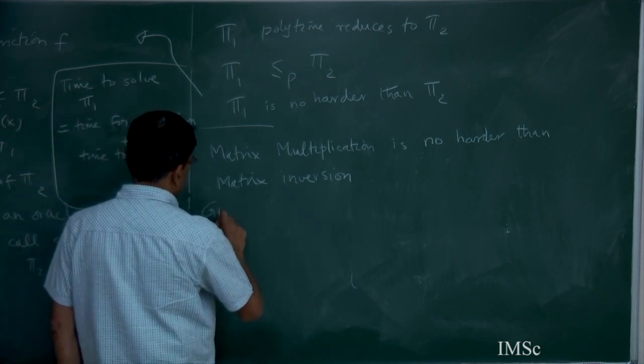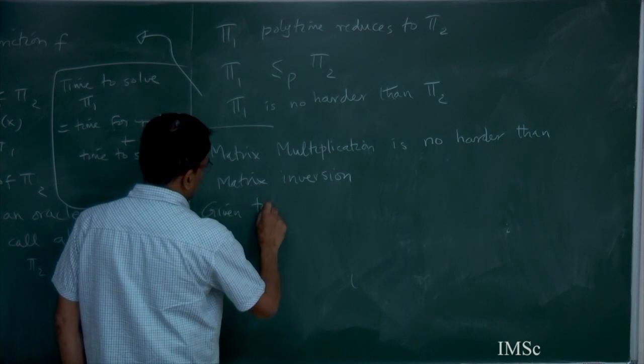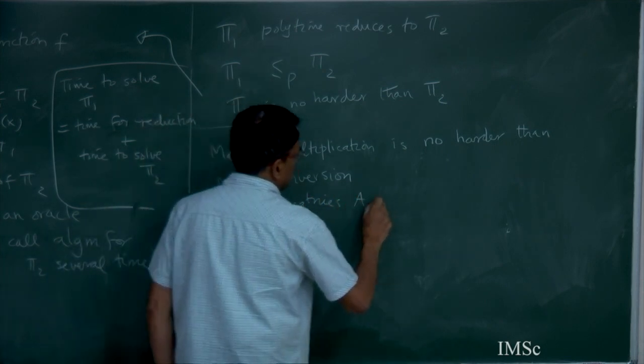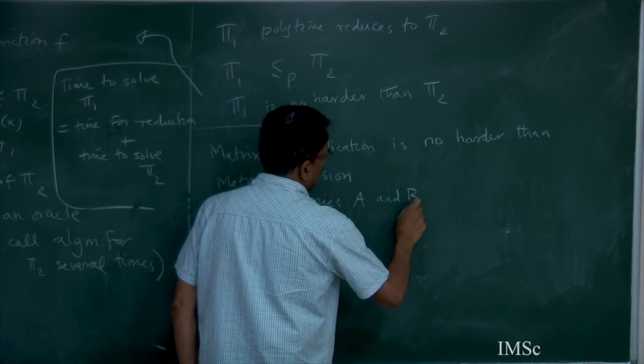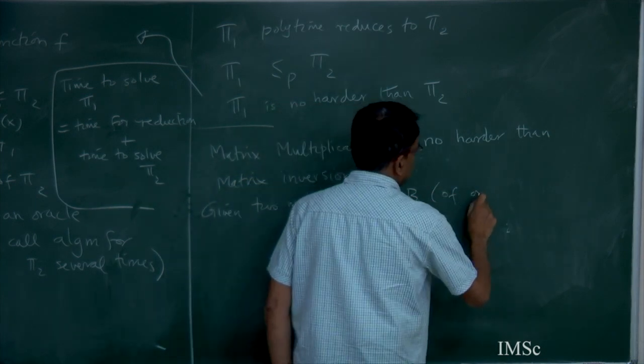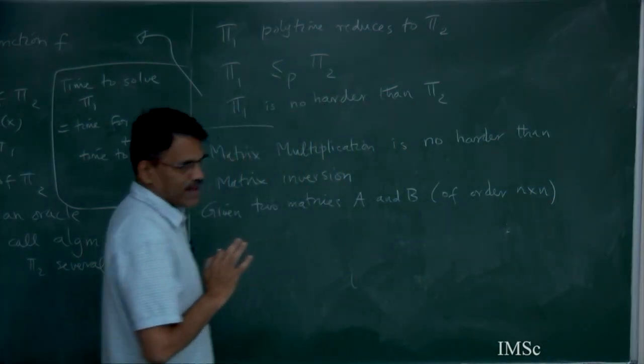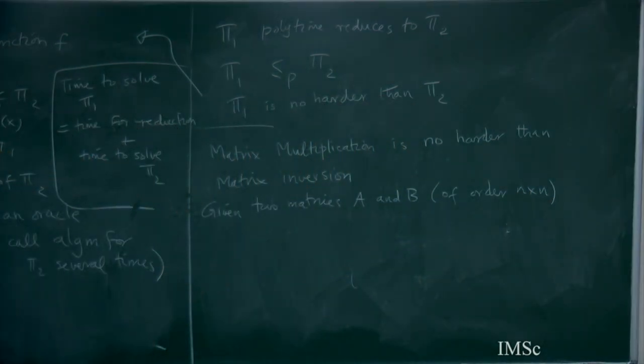Given two matrices A and B of order n by n, I want to compute the product A times B. What I want to tell you is that if I have a black box inversion algorithm, I can use it to compute the product.